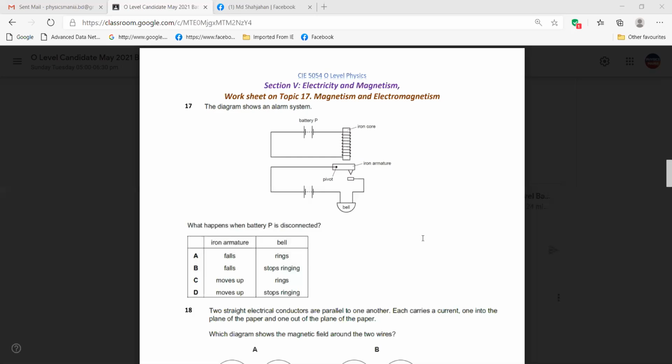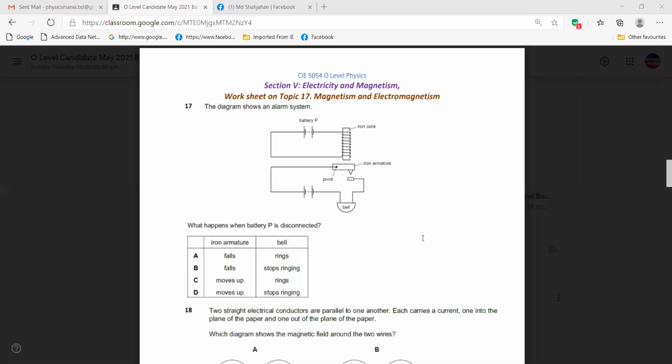And you learned one thing, that is electromagnet, right? Solenoid. If electricity is going through a solenoid, then it becomes a temporary magnet, right? You know that one.